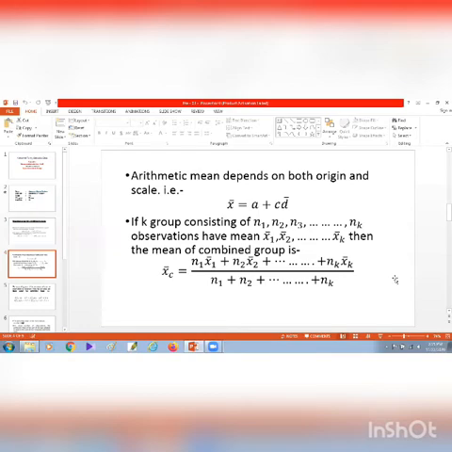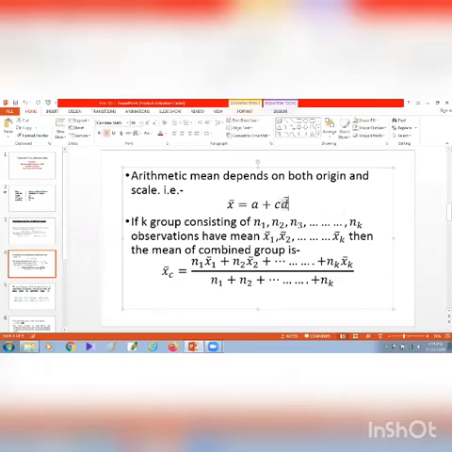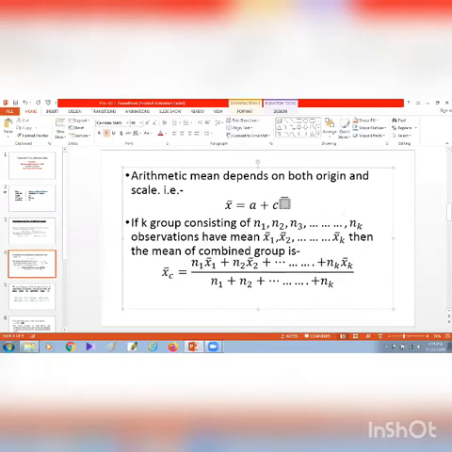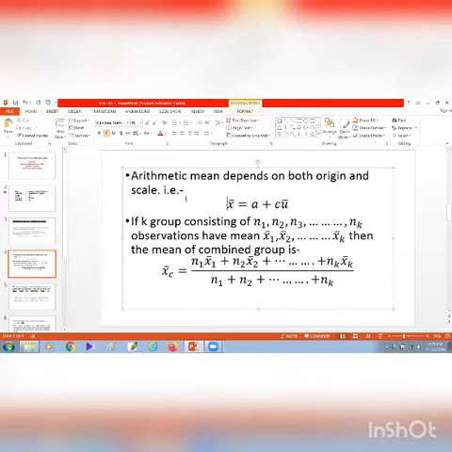The highly important characteristic of arithmetic mean is that arithmetic mean depends on both origin and scale, and for non-classified data, this is x bar equal to a plus c u bar. Or c d bar, doesn't matter, we may write both ways.